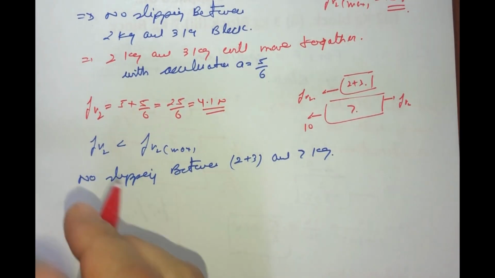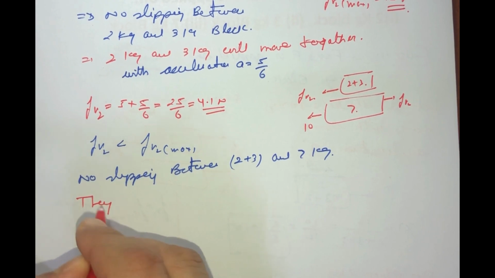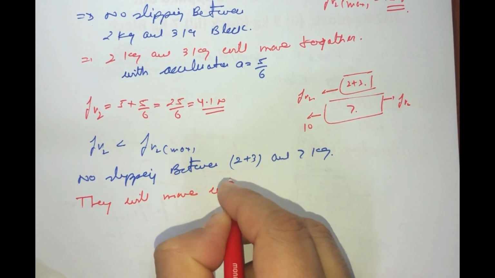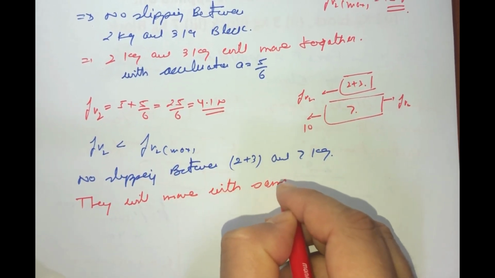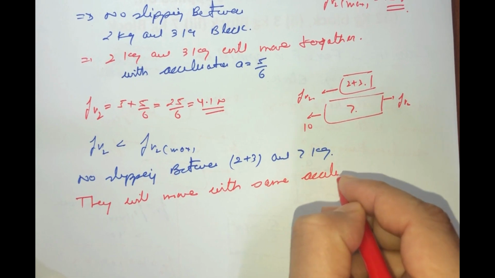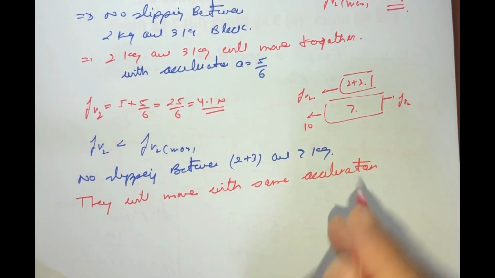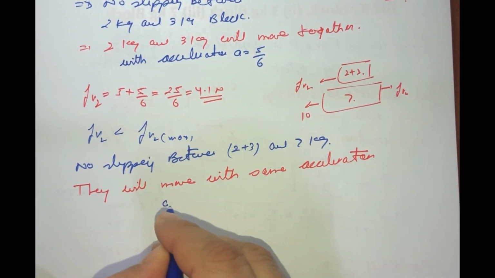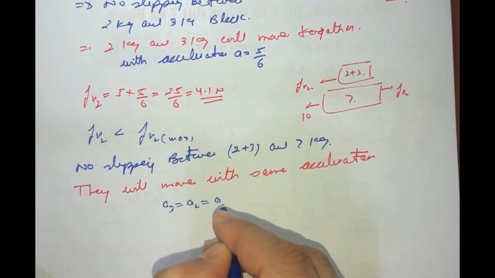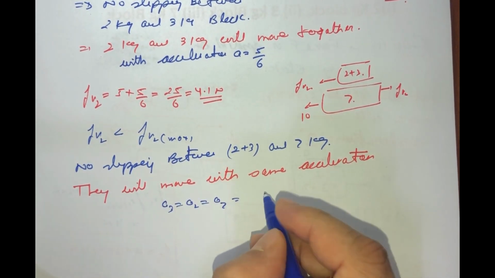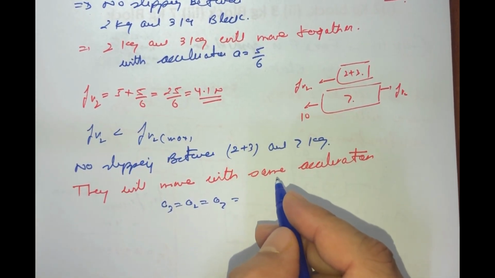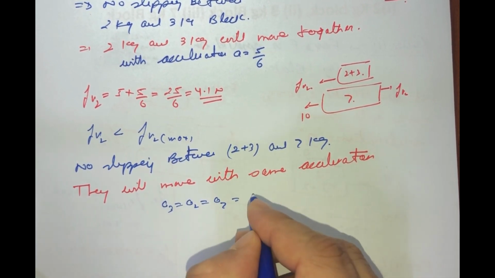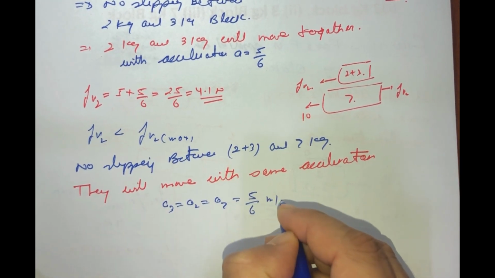So it basically means they will move with the same acceleration, A3 is equal to A2 is equal to A7, and they will be moving with acceleration of 5/6 meter per second square.